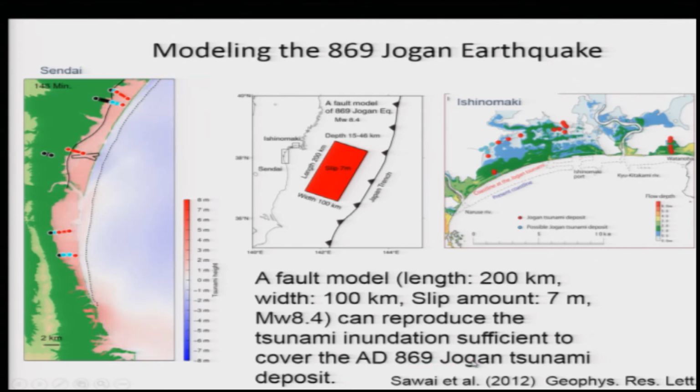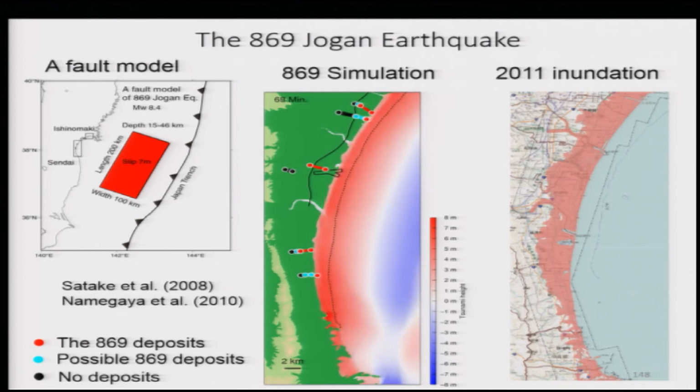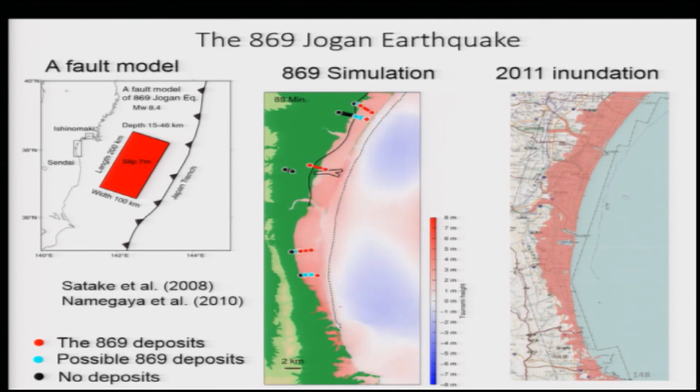So if you remember, the magnitude was above 9 for 2011, and this Jogan was 8.4. So similarly, this is again a simulation for comparing both the 2011 and the 869 tsunami.